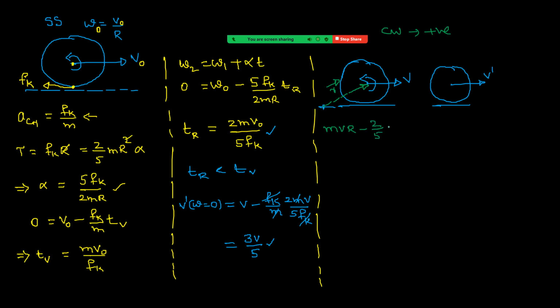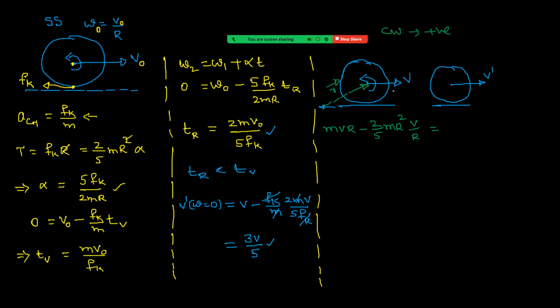I value 2 by 5 m r square, omega is given v by R. Why have I taken negative? Because it is anti-clockwise. This equals the later state, at one point of time omega becoming 0, now having only translation.